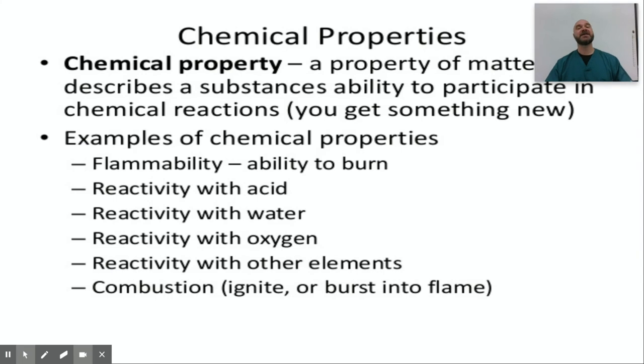Chemical properties, I have to change it into a new and different substance to observe. So whether something is flammable, whether it reacts with acid, whether water causes it to rust, whether oxygen causes it to rust, how well it combusts or explodes. All of these things I can find out, but once I've done that, I don't have a mask anymore. I've got something new and different that didn't exist before.